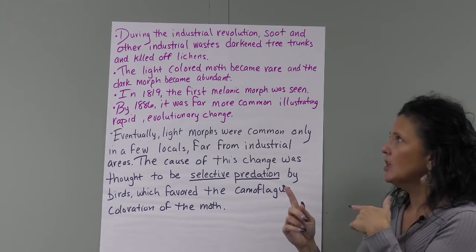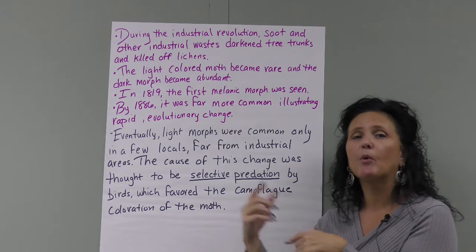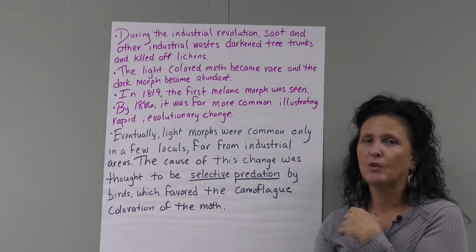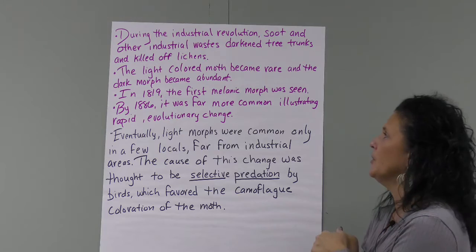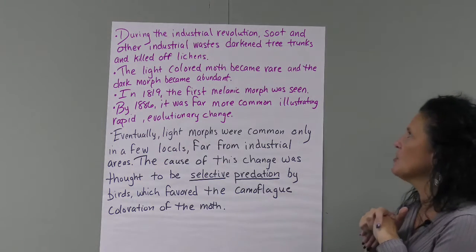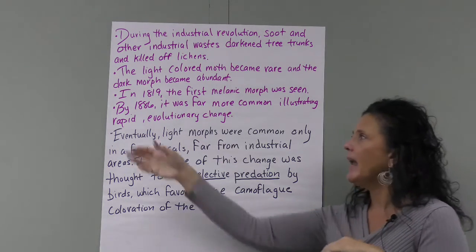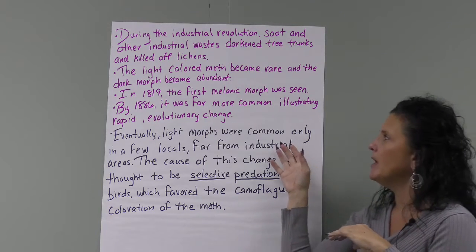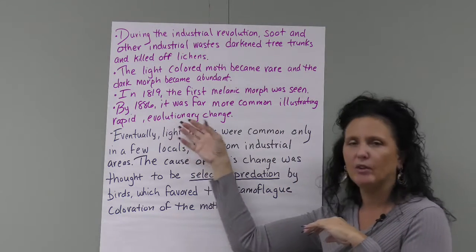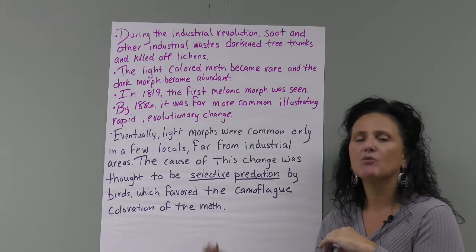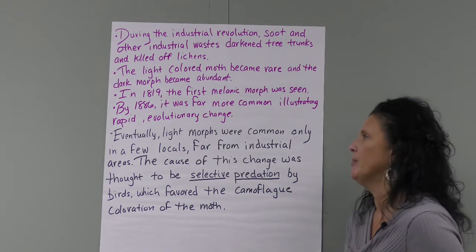So the dark ones became more abundant because now they blend in more to the tree trunks than the light moths do. By 1819, the first melanic morph was seen, and by 1886, it was far more common, illustrating rapid evolutionary change. The moths had to change rapidly to avoid being preyed upon.